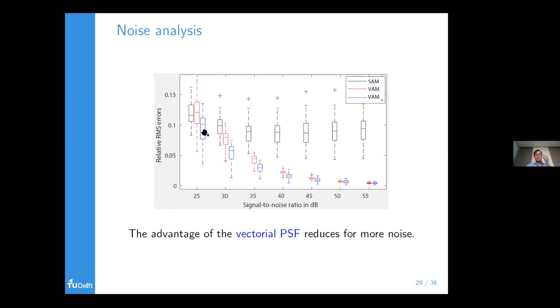But this is not a surprise, because if we compare the two imaging models, the vector imaging model is more involved, and that's the reason why the vector phase retrieval is more sensitive to noise than the scalar one.